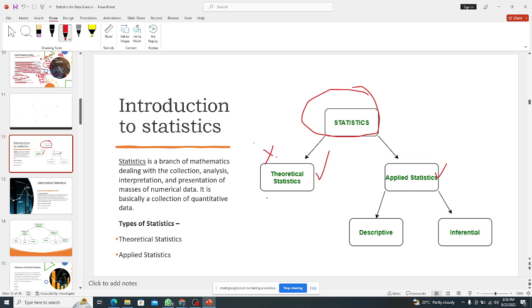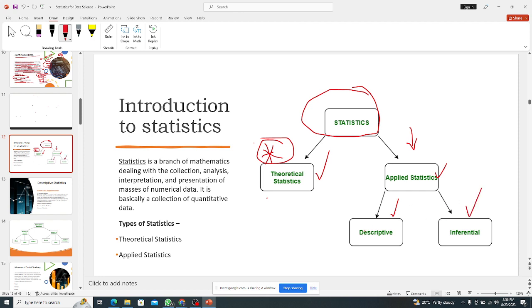For our class, I said we won't go with theoretical statistics because it's more of theory, but it doesn't mean you can't learn more about it. Okay, but I will majorly go with applied statistics. And under applied statistics, remember, we have descriptive statistics and inferential statistics.